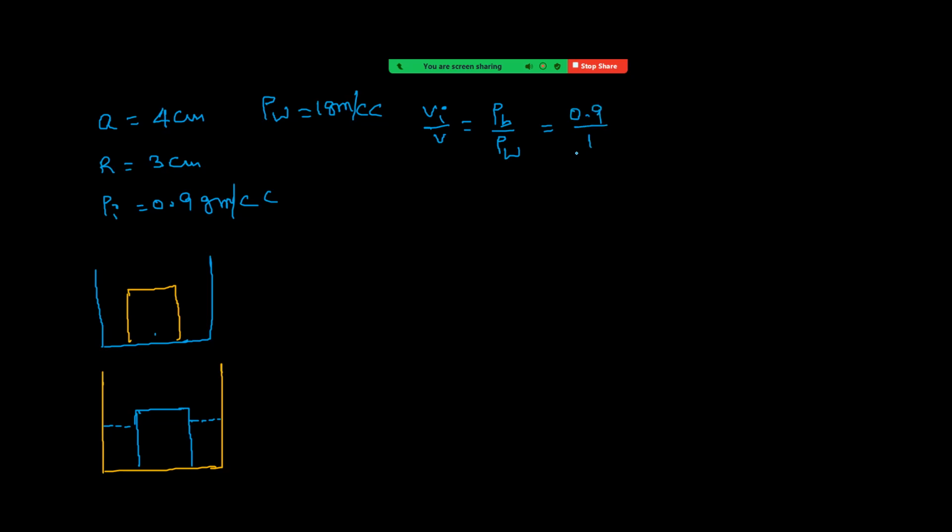Liquid is water, it is 1. So 90% of the volume will be inside the liquid, okay? Let me take side length equal to x. Then this will be equal to 0.9x. I'm taking x as the side length of ice. Then 0.9x will be inside water when just losing contact.